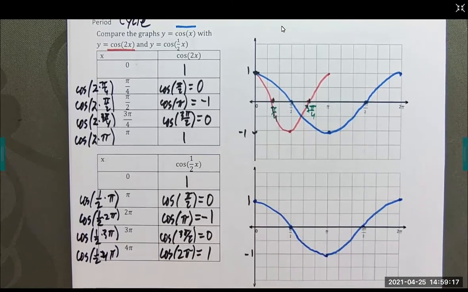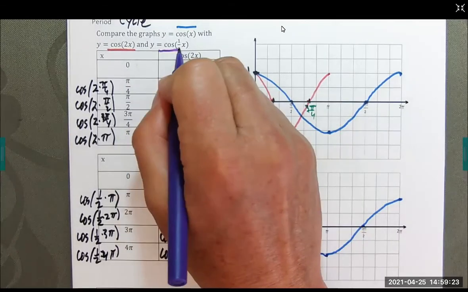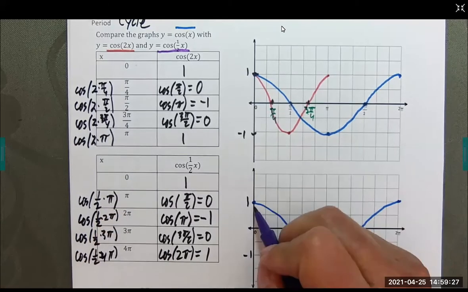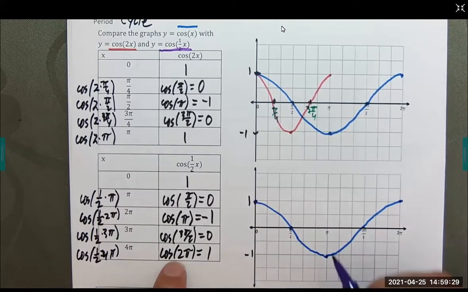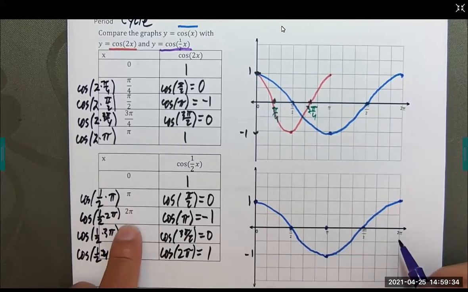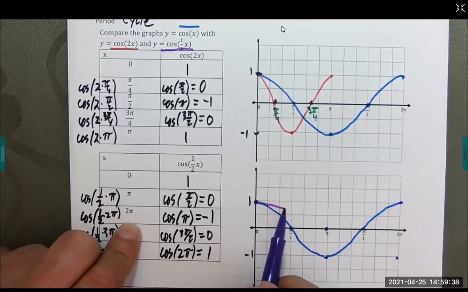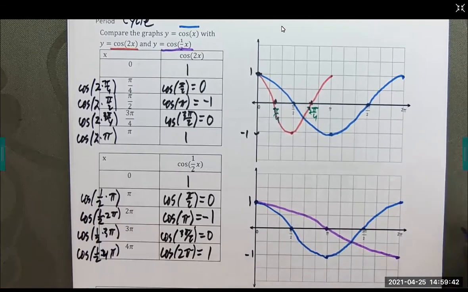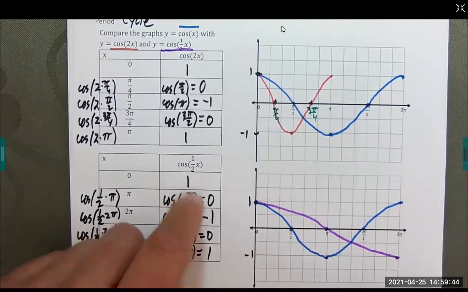And our new graph, which will be with purple, is going to look like this. At 0, we're at 1. At pi, I'm down to 0. And at 2 pi, I'm down to -1. So you can see I'm only getting the first chunk of this. This continues on. So the 1/2 actually has stretched it out.